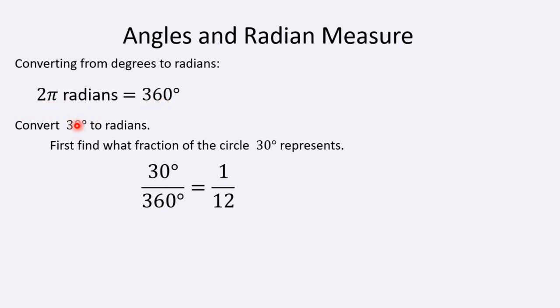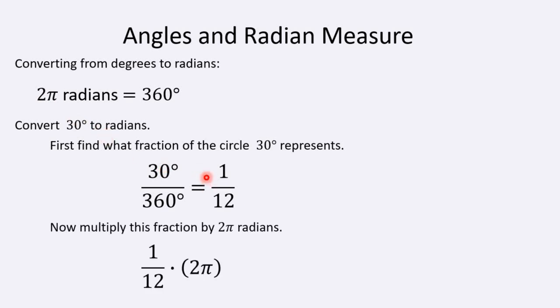Since I already know degrees, I'm just going to find out what 1/12 of 2 pi radians is. So I'm just going to multiply 1/12 by 2 pi. And that's going to be 2 pi over 12 or pi over 6 radians. So pi is like 3.14 divided by 6. If you actually calculate this, you can get a decimal approximation for the number of radians here.